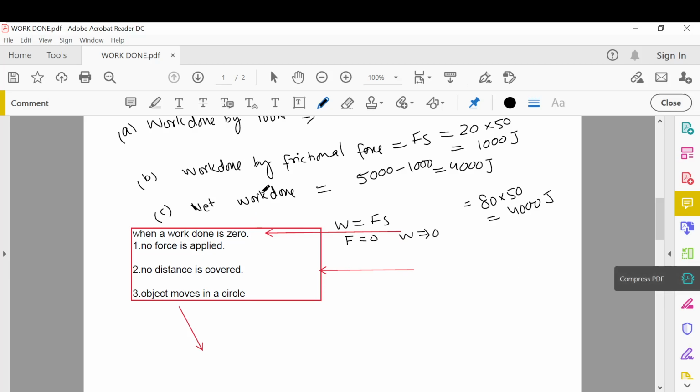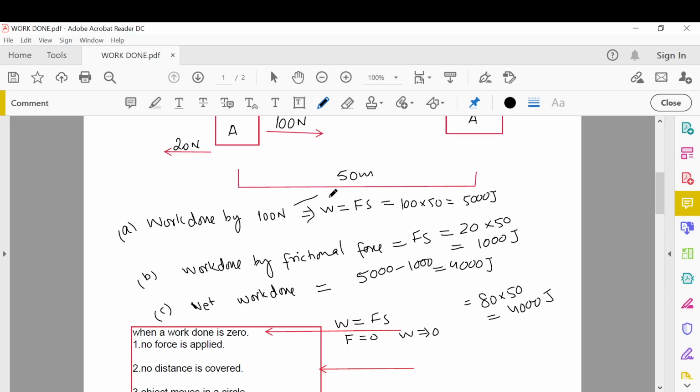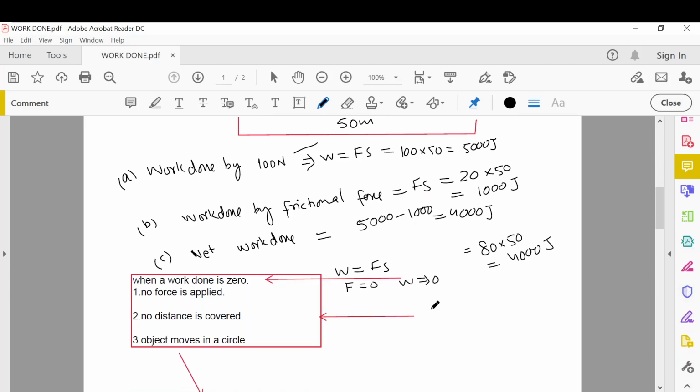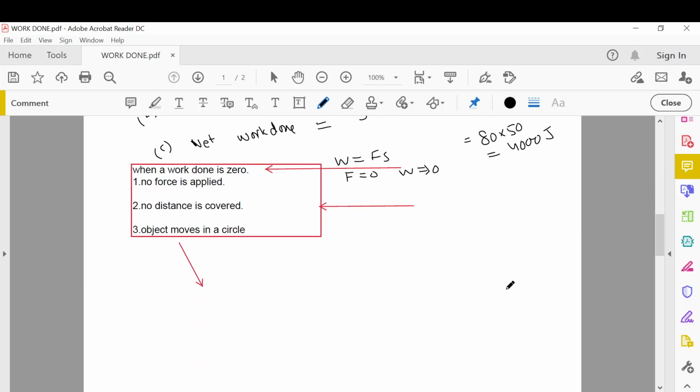Going back to the above example, if there is a 100 Newton force and there is a 100 Newton opposing frictional force, then 100 minus 100 makes zero force and there will be no work done. Similarly, the case of terminal velocity as well.